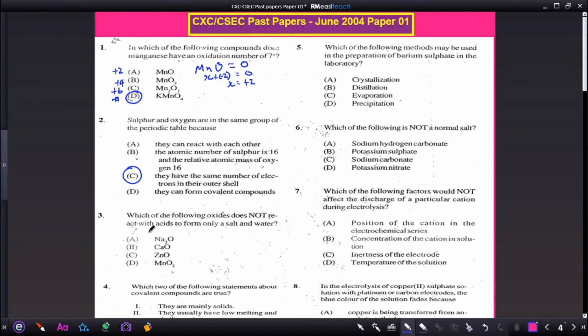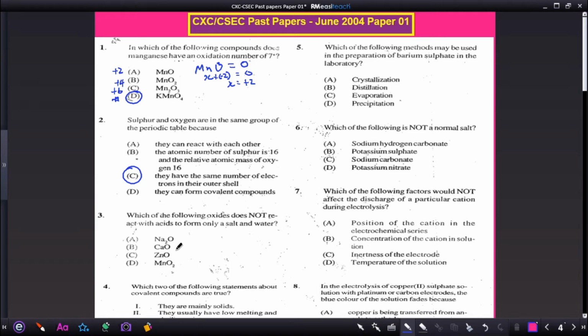Question 3. Which of the following oxides does not react with acids to form only a salt and water? Is it sodium oxide, calcium oxide, zinc oxide, or manganese dioxide? Now, if you look closely, all the options except D have one oxygen.